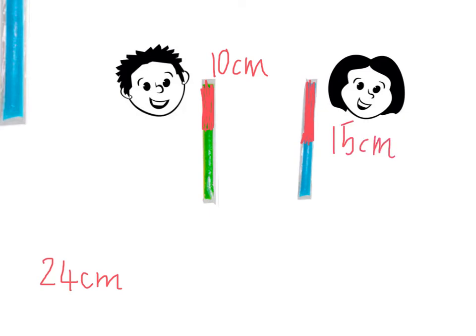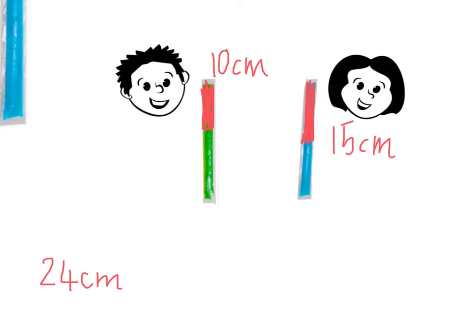Okay, so now I'd like to find out how much each of them have left to eat of their ice blocks. And then, out of interest, my next step to that problem would be, what is the total length of ice blocks left to eat? Okay, so let's start with the first step, finding out how much each of them have left to eat.